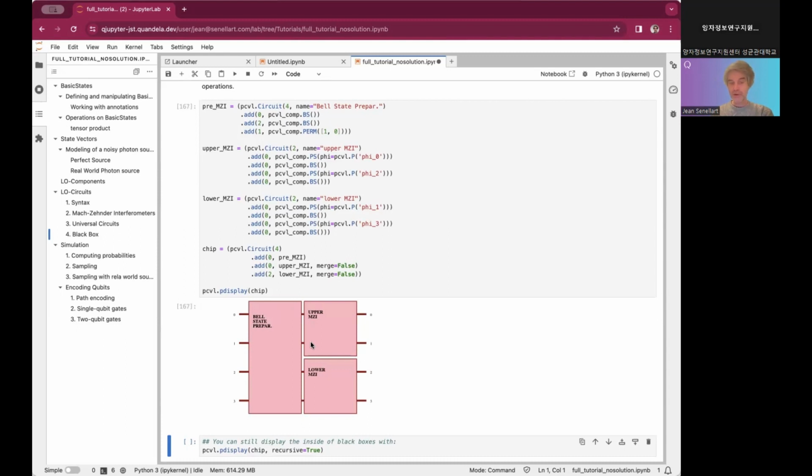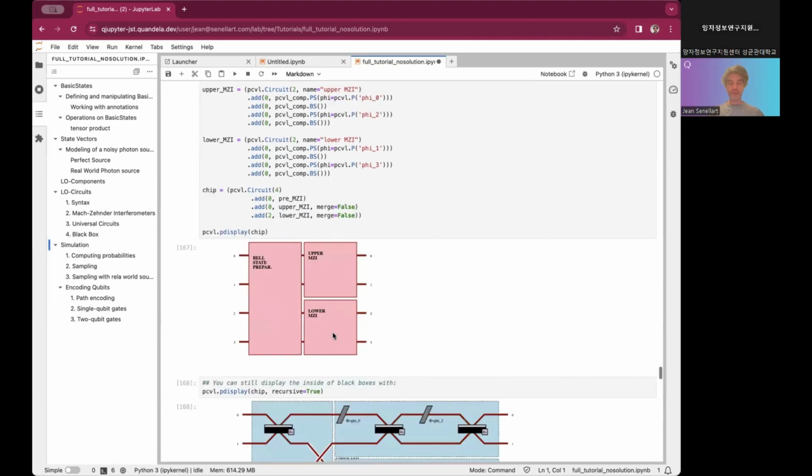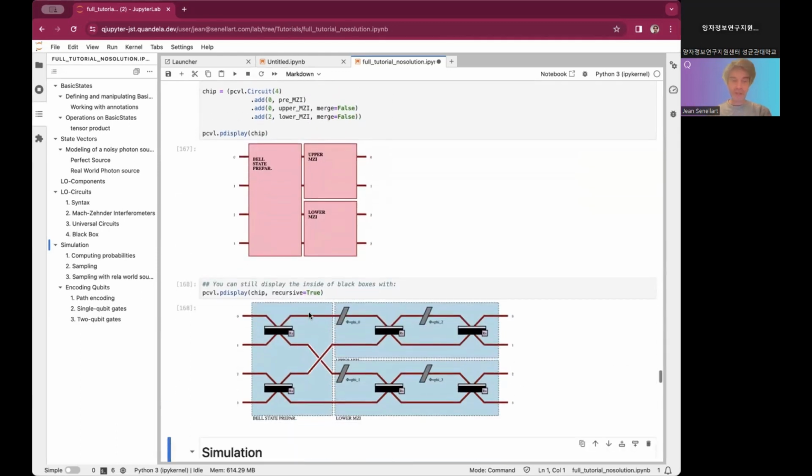And this is very convenient when you are doing some algorithm where you have some state preparation, when you have some oracle, for instance, if you want to implement Grover. So you can physically put a box where you have your sub-circuit. You can still display the complete circuit here with the recursive true.